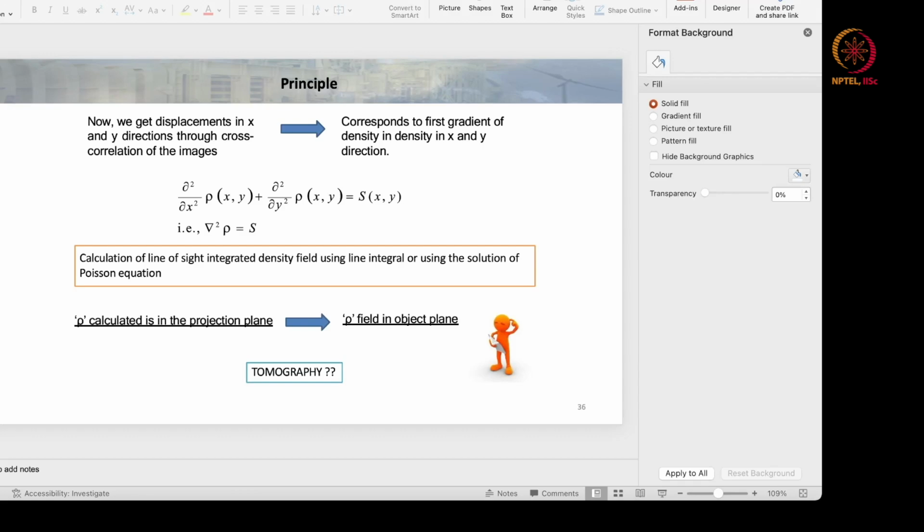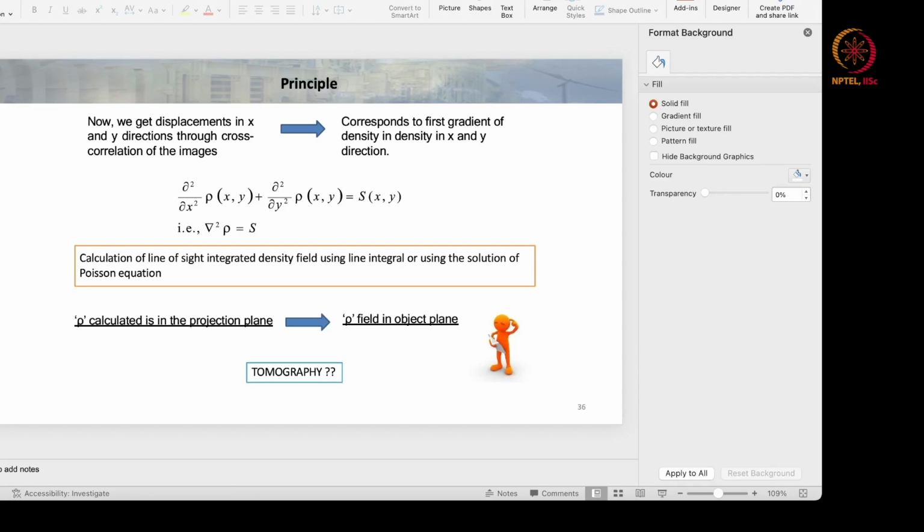If we use multi-camera recording and do tomographic evaluation, it should generally be possible to do some kind of tomography for this. Like we said, in the case of the determination of 2D flows, like what we have shown here, we use, for example, a Poisson solver to integrate the density gradient and determine the relative density of the field.